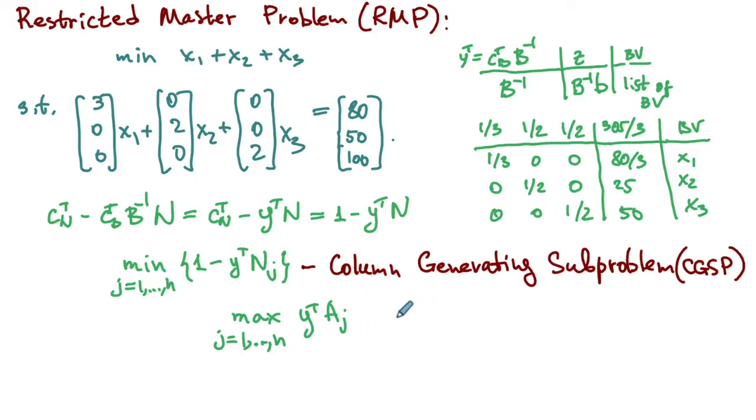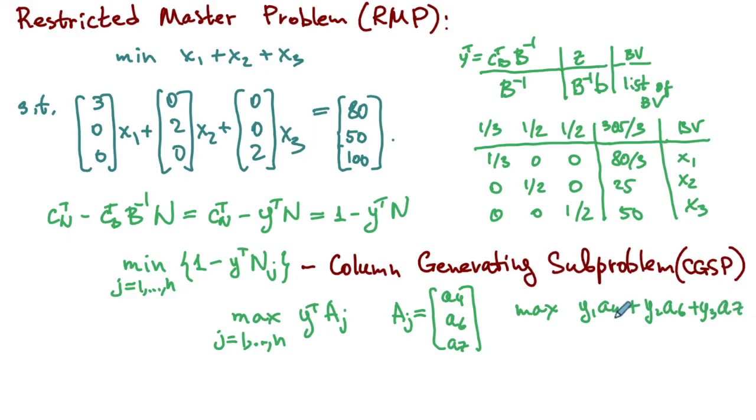So in our particular case, we have aj given by a4, a6, and a7, and then the objective of our column generating subproblem becomes to maximize y1 times a4 plus y2 times a6 and then plus y3 times a7.